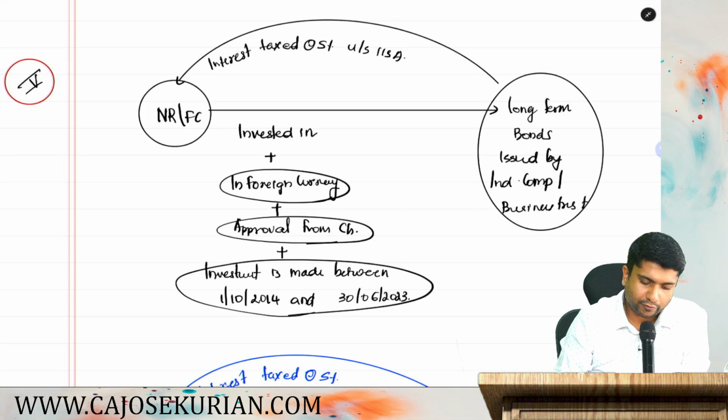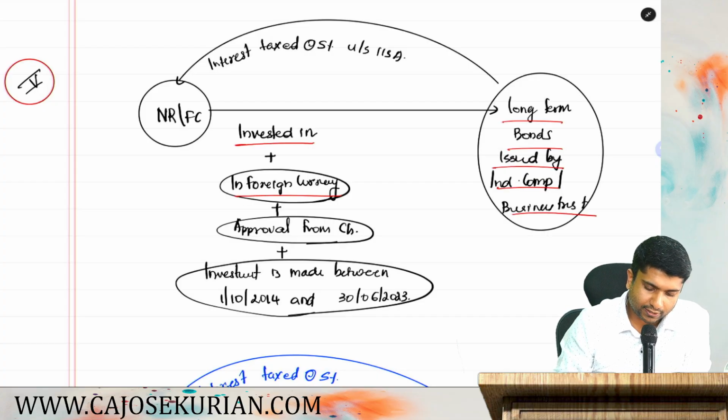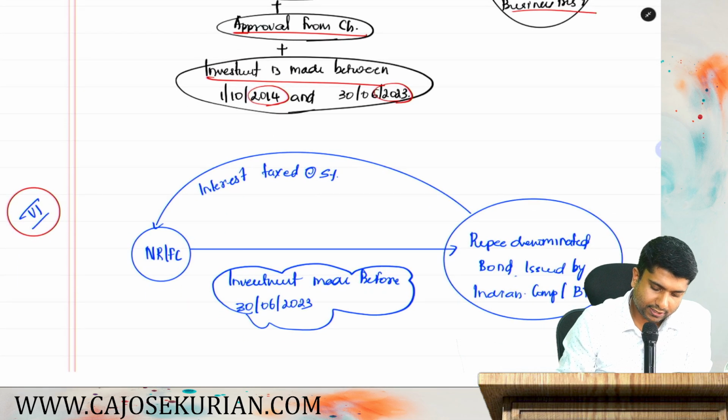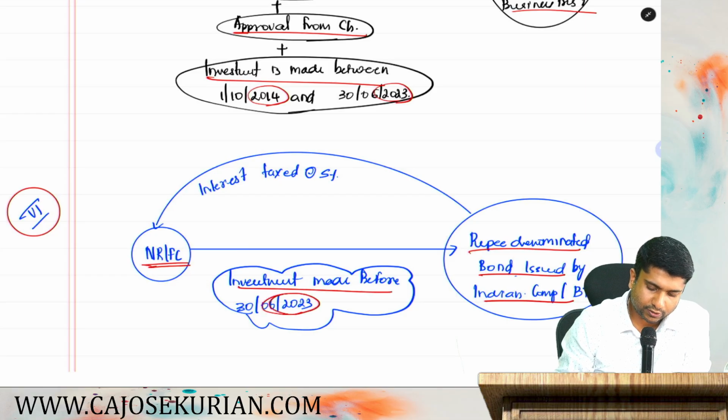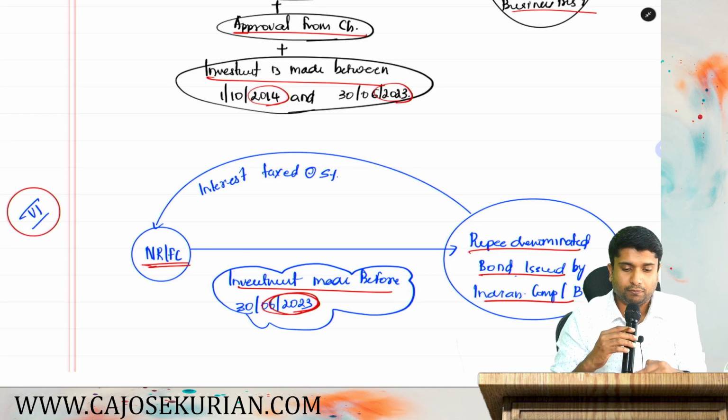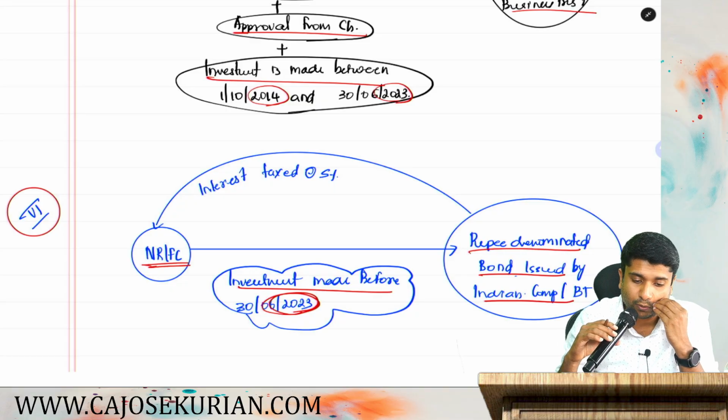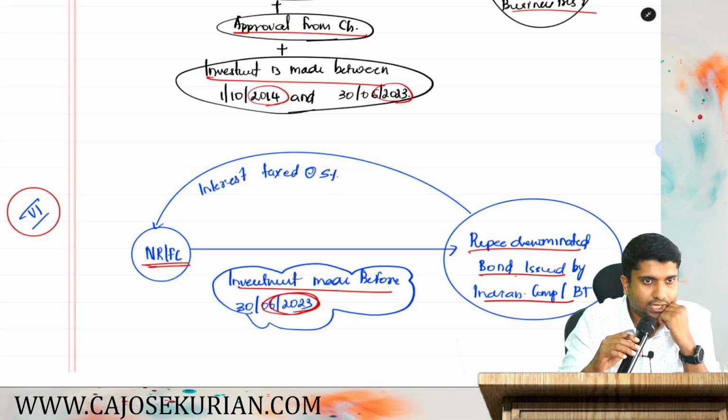If a non-resident or a foreign company invests in a long-term bond issued by an Indian company or a business trust, the investment should be in foreign currency, approval from government is required, and the investment should be made between 2014 and 2023.